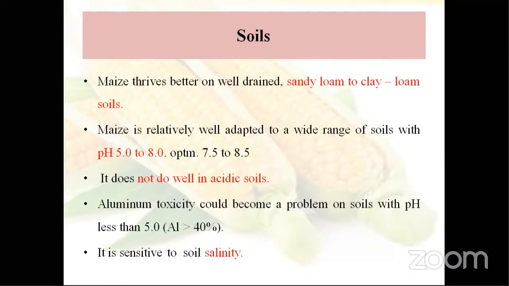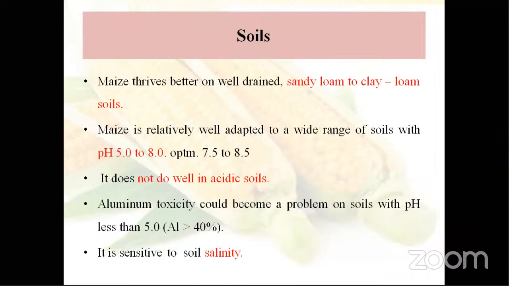So maize is preferably grown on sandy loam to clay loam soils, but what is required is good drainage. Well drained means waterlogged soils are not suitable, because the maize crop is very sensitive to waterlogging. Maize is relatively well adapted to a wide range of soils.